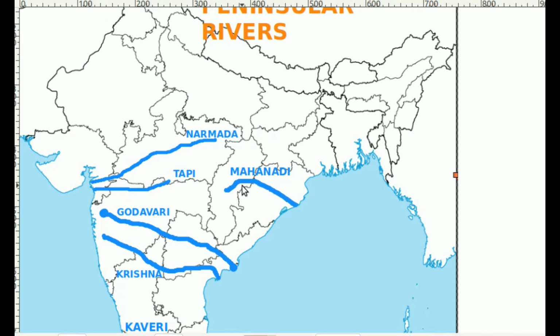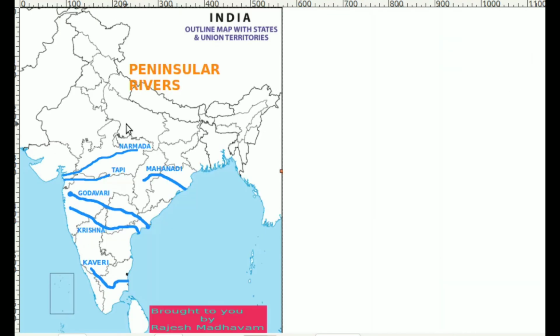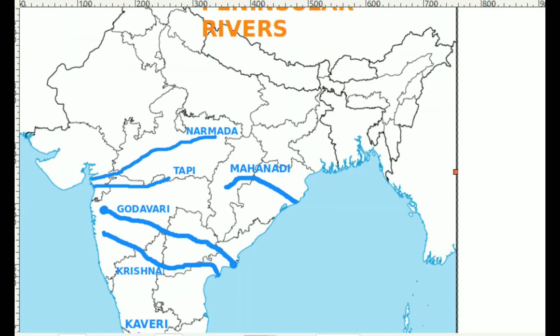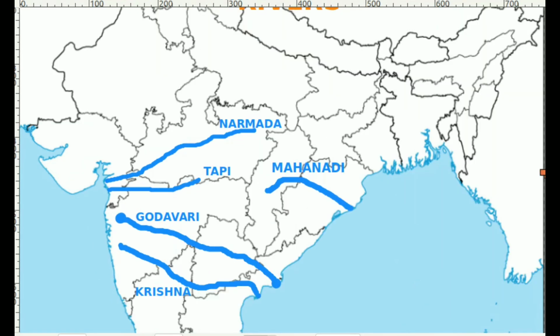It is Mahanadi. These are the important 6 peninsular rivers. All the peninsular rivers except Narmada and Tapi are flowing to Bay of Bengal, flowing towards east. Okay.